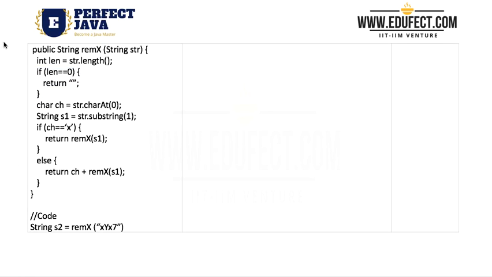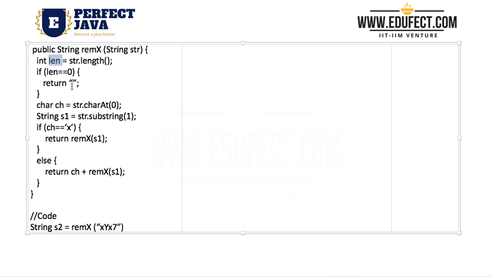Let's try and understand the code, what is happening here, and then we will do a dry run. We are first calculating the length of the string, and if the length is 0, it means it's an empty string, we just return an empty string. So that is our base condition. Then what are we doing? We are taking out the character at the 0th index, and we are checking whether it is x.